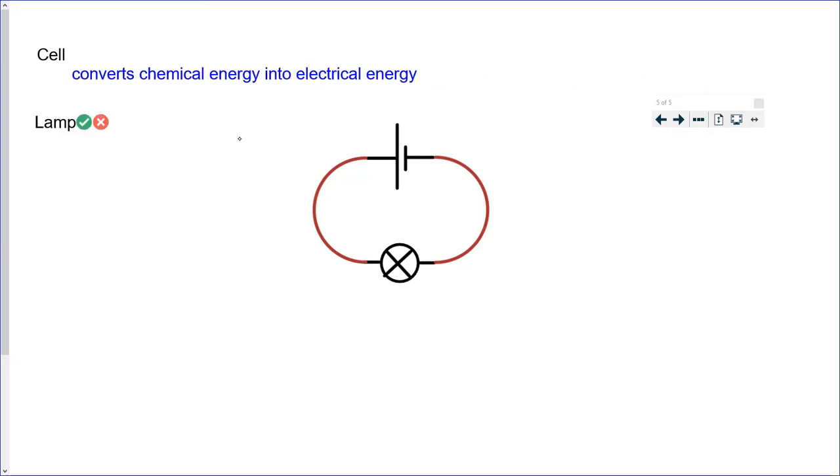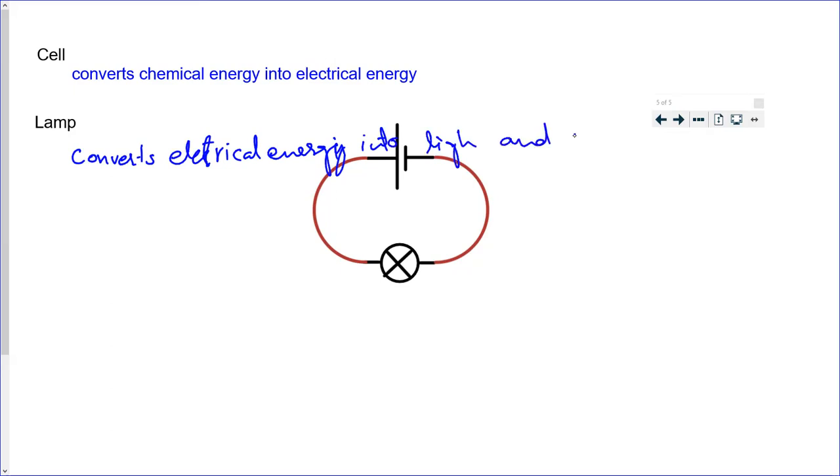What are the wires doing? What's the job of the wires? The wires carry the electrical energy, like they help it flow. Okay, that's right. But explain how.